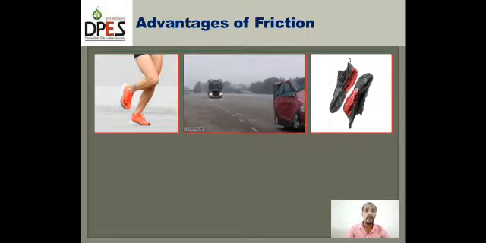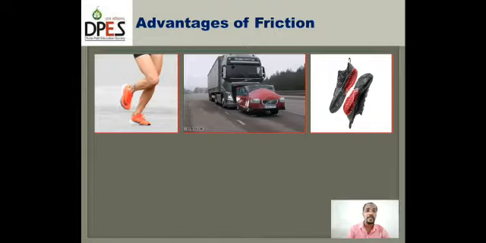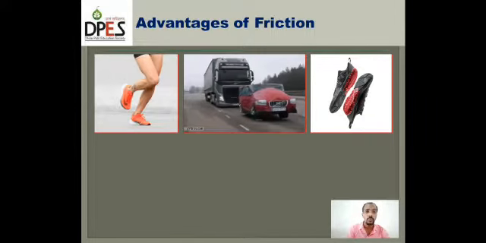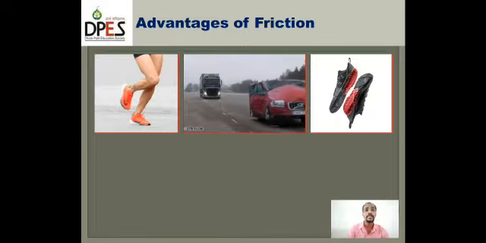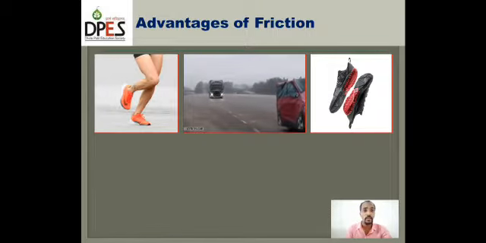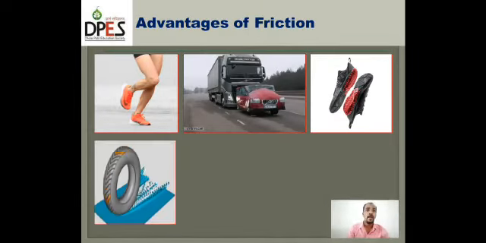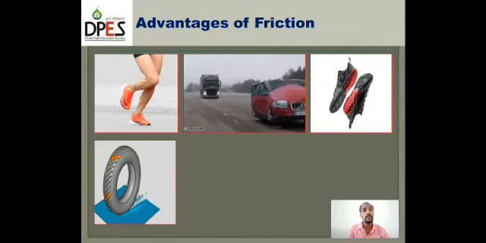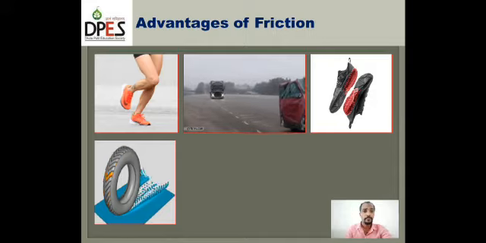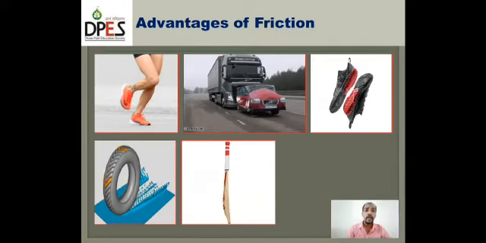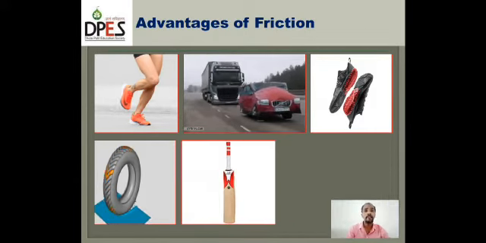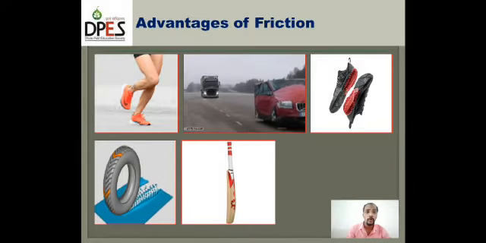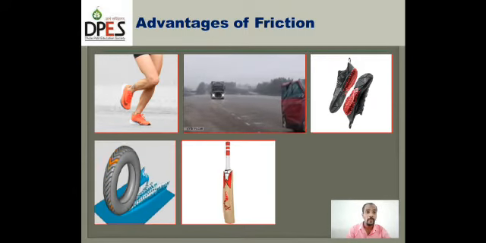Again, our footwear is provided with patterns at the bottom of the sole in order to increase the grip with the road surface. Again, the tire of the vehicle is provided with some design on it in order to increase the friction. Again, the handle of the bat is provided with a rubber coating in order to increase the grip with hands.